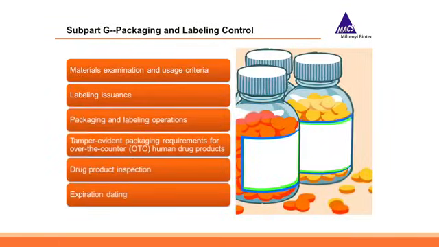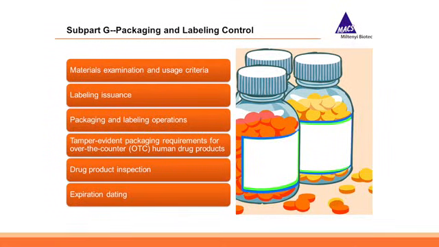Something which is a little bit special for the FDA CGMP guidelines is a large part on packaging and labeling control. There it is stated that material examinations and usage criteria have to be evaluated. The handling of labeling and packaging material should be documented. The material has to be tested, and the storage of the material has to be also controlled.